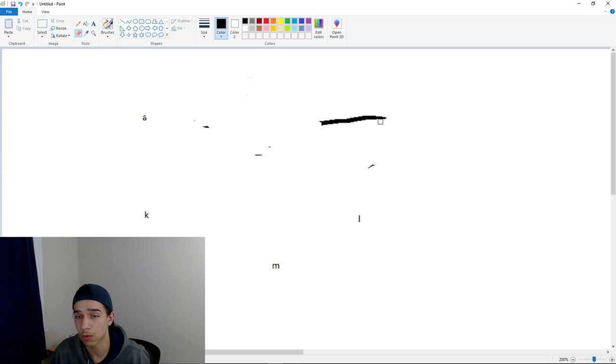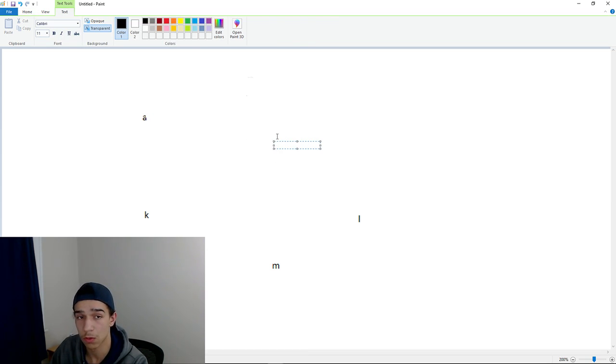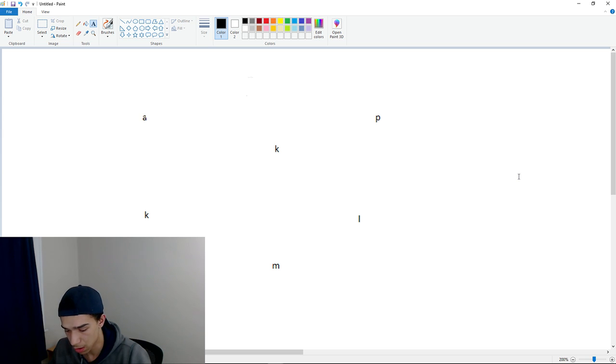So in order for them to be connected, it needs to go from one to another, basically. I'm going to show you guys this in the next example here. I just need to get the letters back in real quick. I know that was P in the middle originally, but we're going to change it to K.